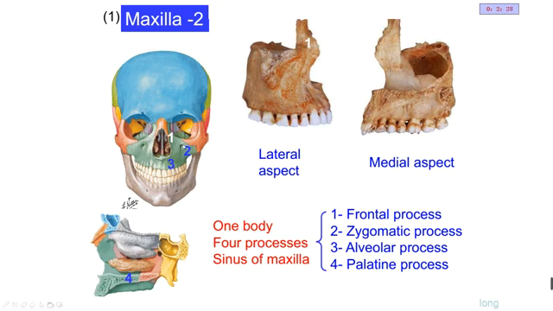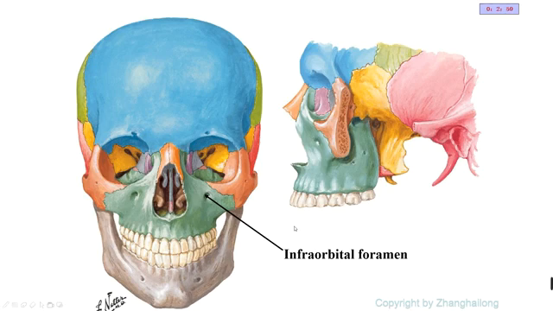Okay, that's about the maxilla. This bone is in the center of your face and connects many bones: upward to the frontal bone, laterally the zygomatic bone, below the upper teeth, and backward to the palatine bone. And on the body, there is a foramen.